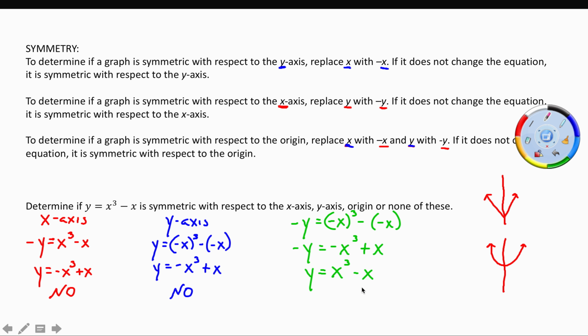Is this identical to that? Yes, this one is symmetric with respect to the origin, right? So yes, symmetric with respect to the origin.